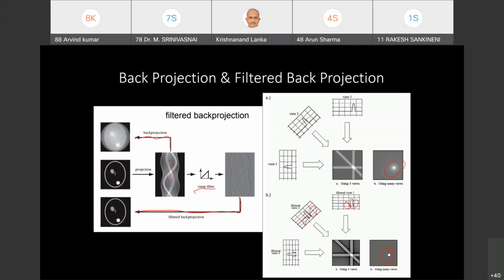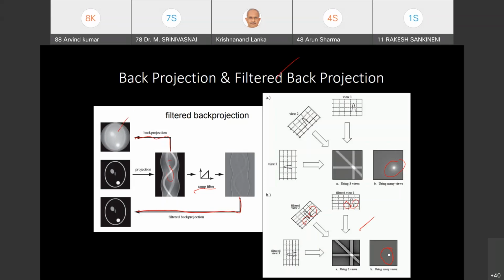This is how people started improving the clarity of the image by using filtered back projection. Simple back projection is this one, whereas filtered back projection means this one. So using filtered back projection, you are able to get more clarity in the image.